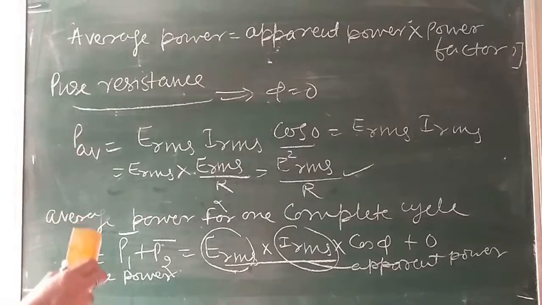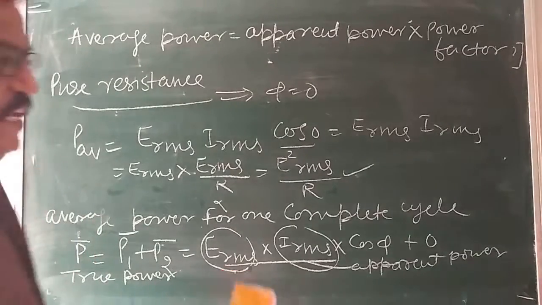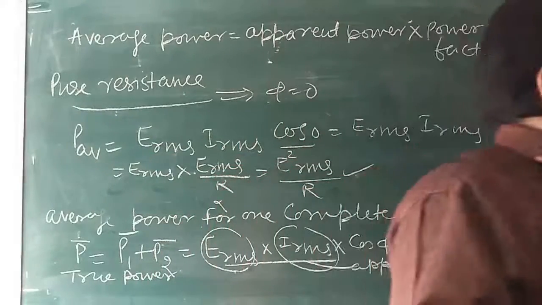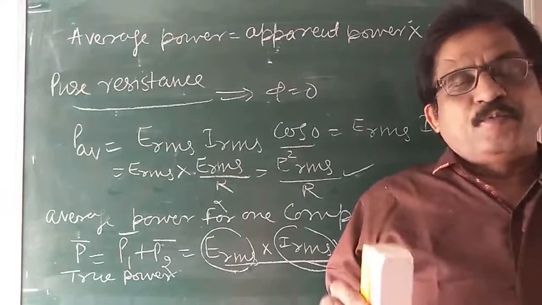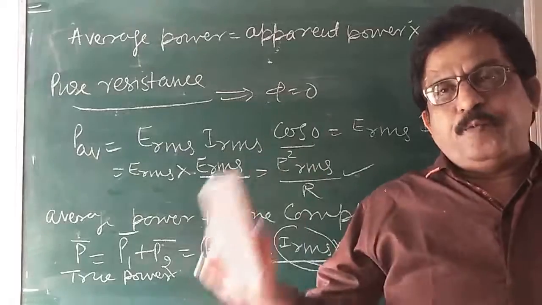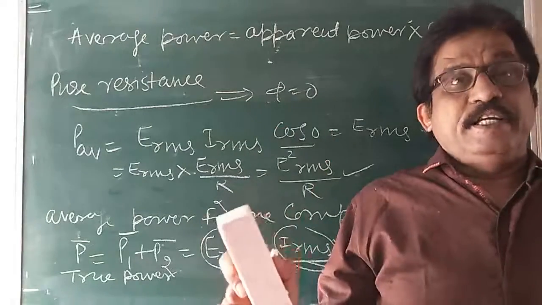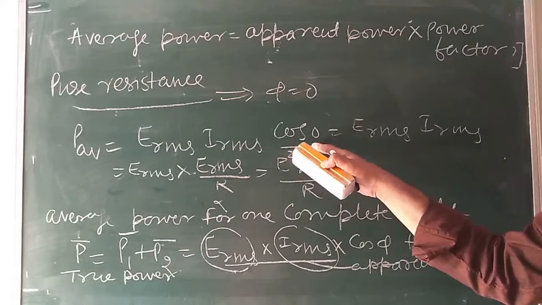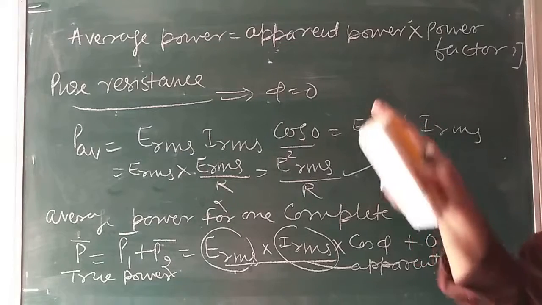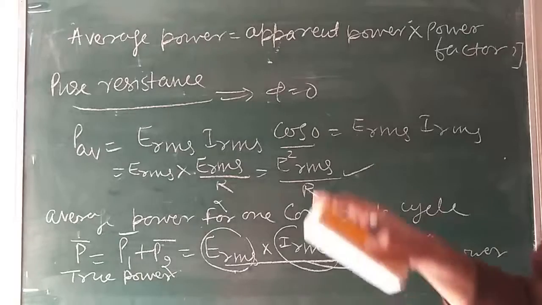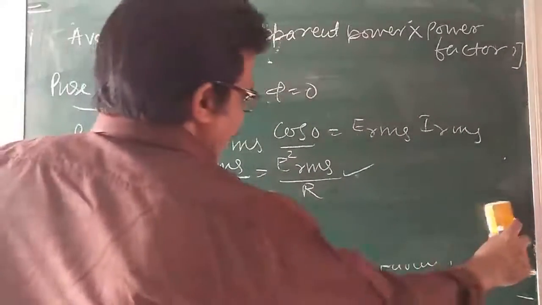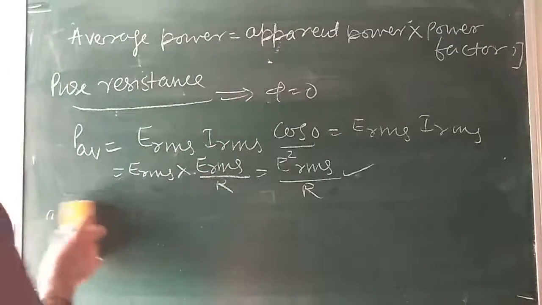Again, if the AC circuit contains either pure inductance or capacitance, so we know very well the phase difference between EMF and current is pi by 2. When pi by 2 is there, cos pi by 2 is 0. The average power due to inductance or capacitance would be 0. Here all are 1 mark questions.